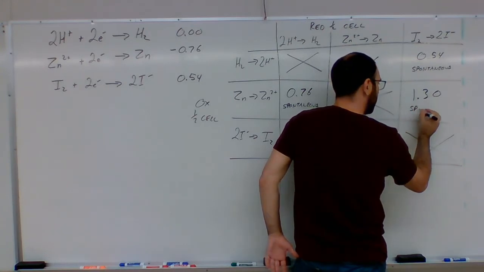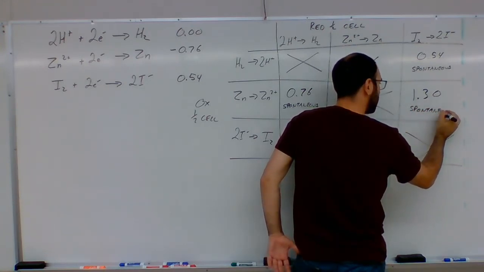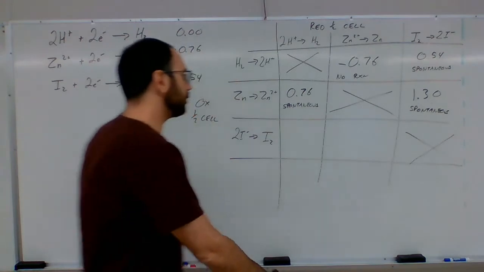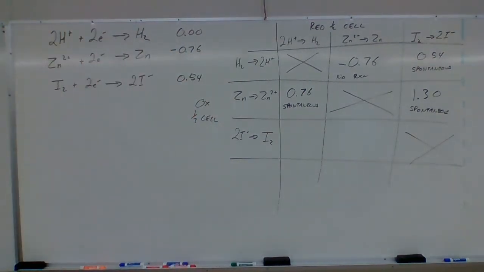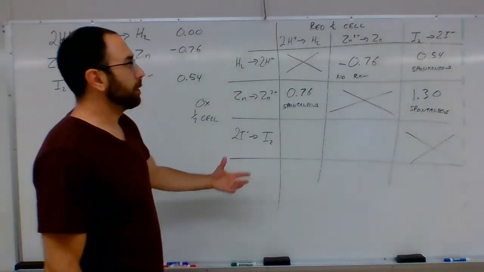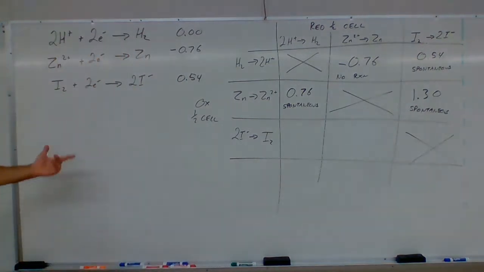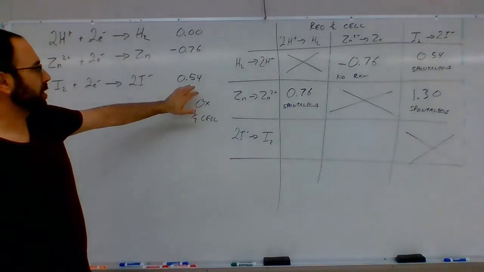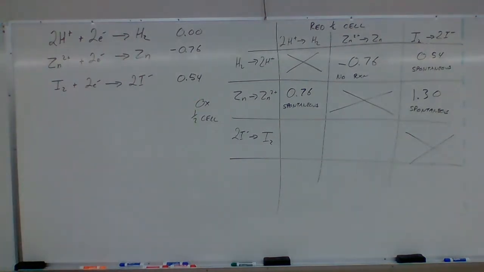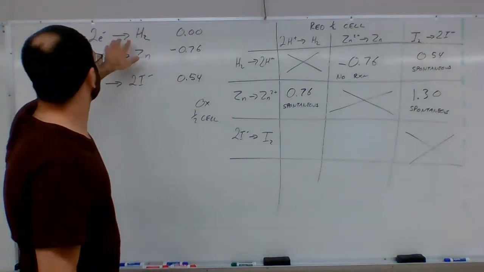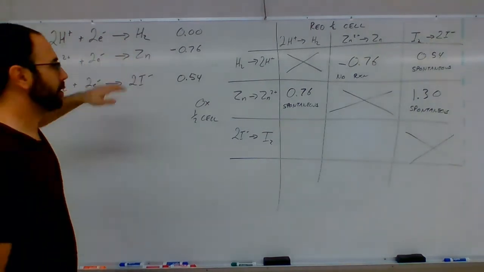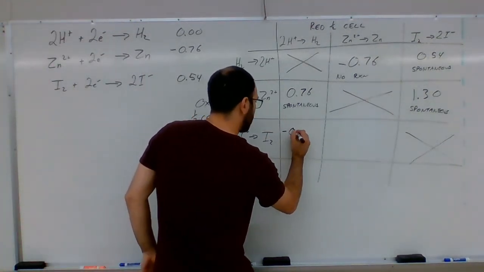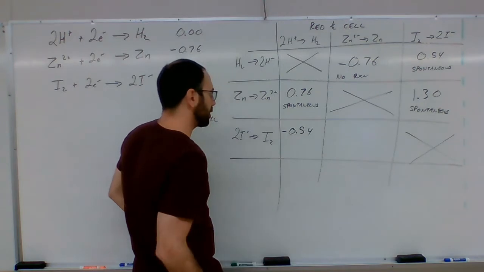Now we're going to look at flipping our iodine from being the reduction and looking at the oxidation value of this one. So that would be a negative 0.54. Combined with this reduction of 0, I do have this negative 0.54 volts. So no reaction, negative voltage, no reaction.